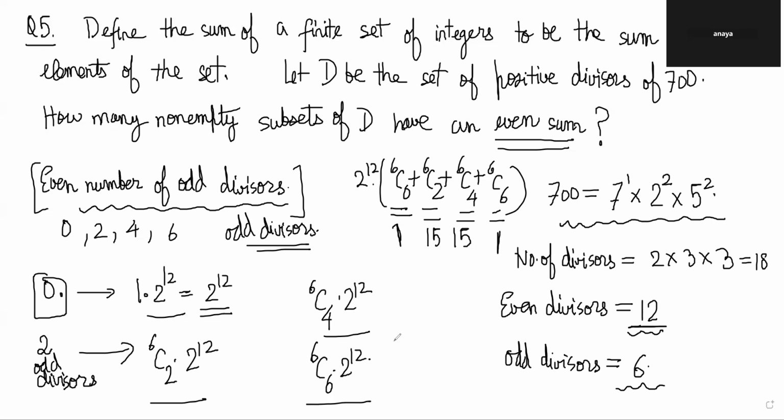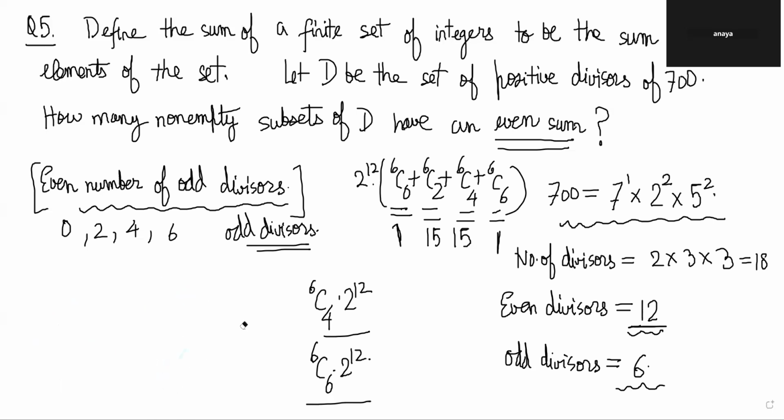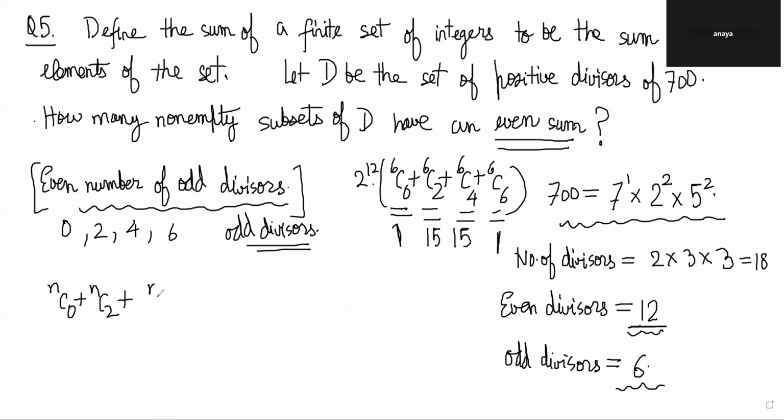What is the sum of the even-subscript terms NC0, NC2 till NCN? What is this series going to add up to in general? One half the sum of the entire thing.